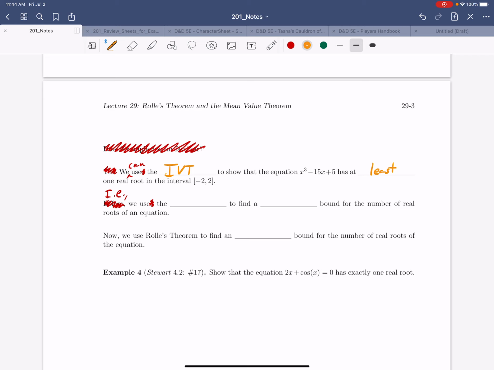I don't know if that rings a bell. We can use the IVT to find a lower bound for the number of real roots of an equation. Now we use Rolle's theorem to find an upper bound for the number of real roots of an equation.